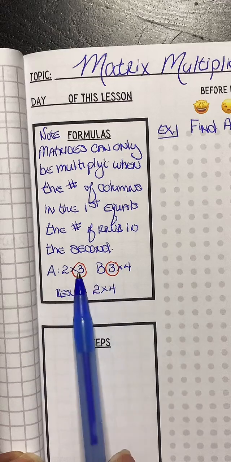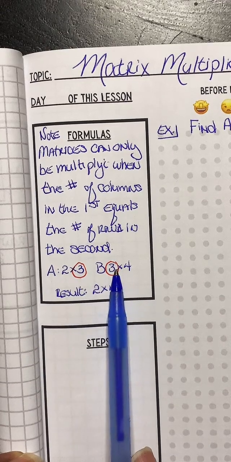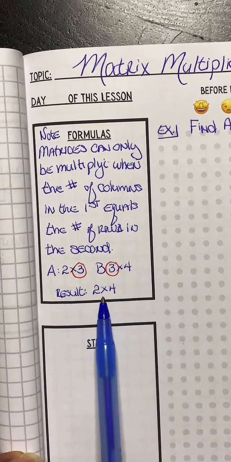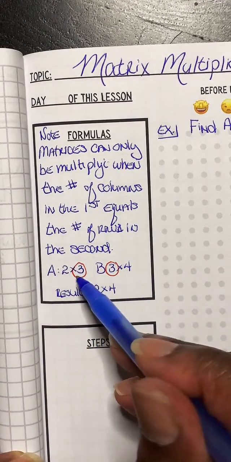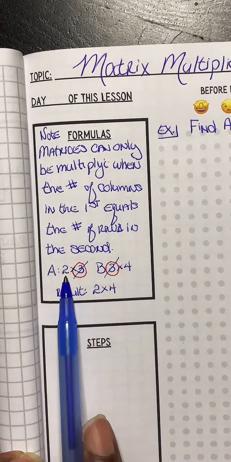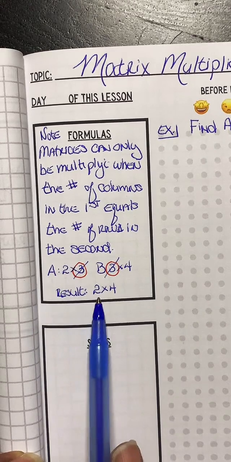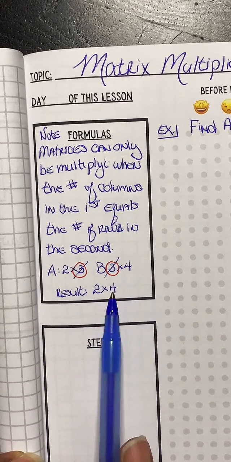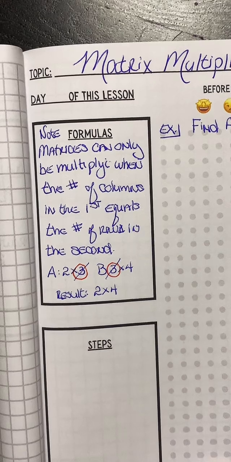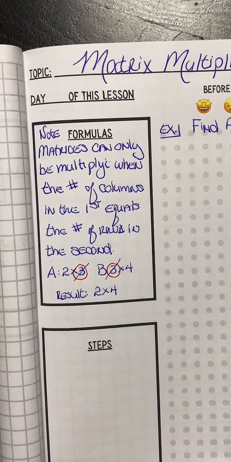If they're exactly the same, that means yes, you can multiply those two matrices together. Your result is basically these canceled out: it's going to be 2 rows and 4 columns. I'm going to walk through it.